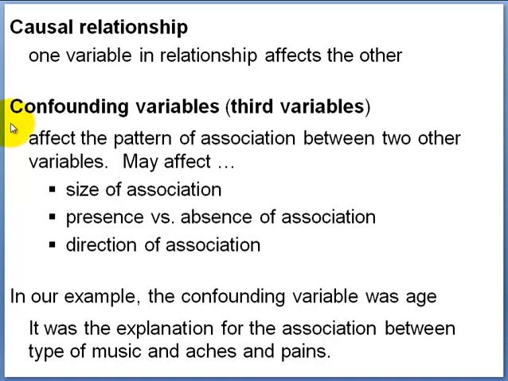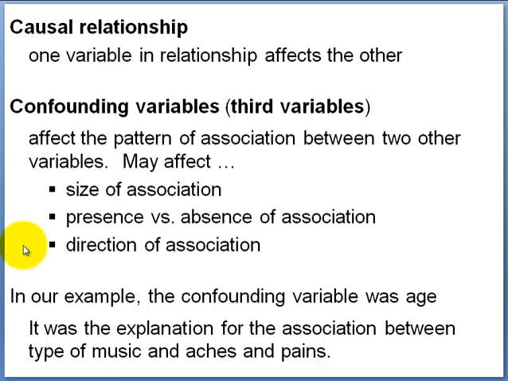On the other hand, relationships can occur due to confounding variables, and I sometimes use the term third variables. Confounding variables are variables that affect the pattern of association between two other variables. By pattern of association, I mean that confounding variables can affect size of association, presence versus absence of association, or direction of association.